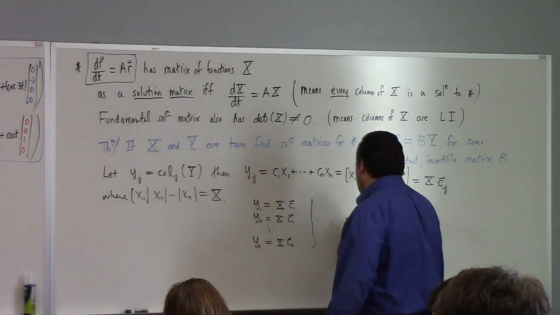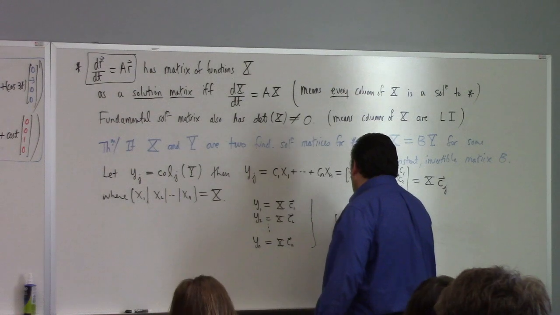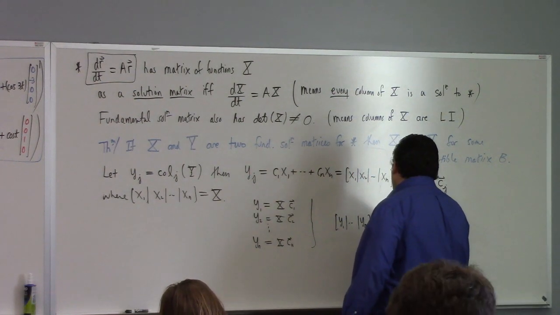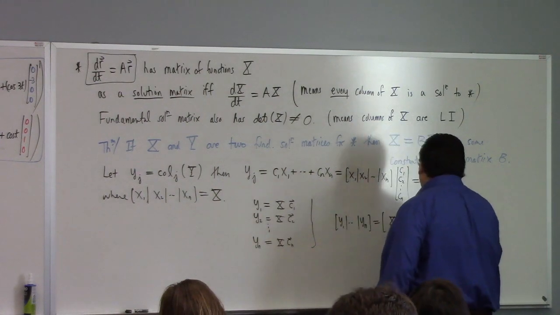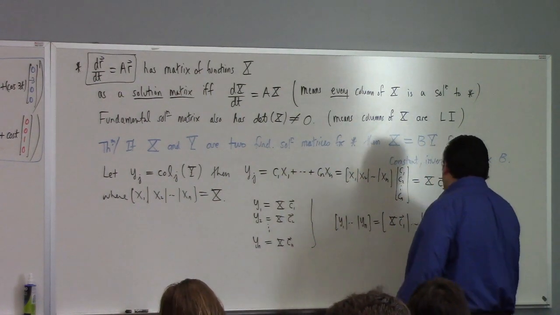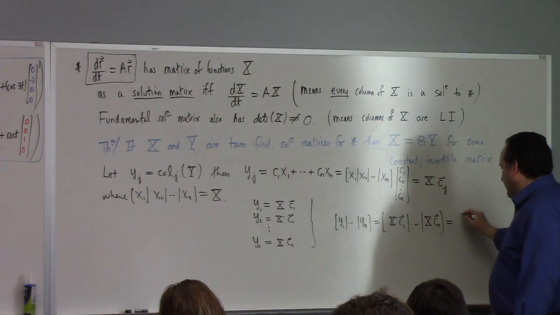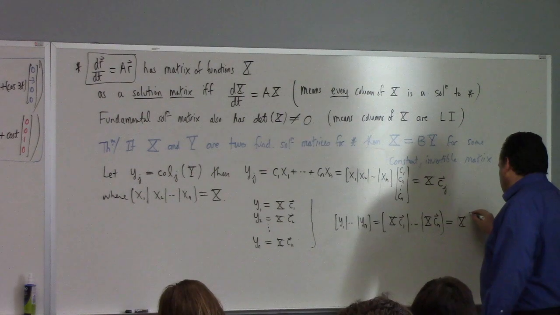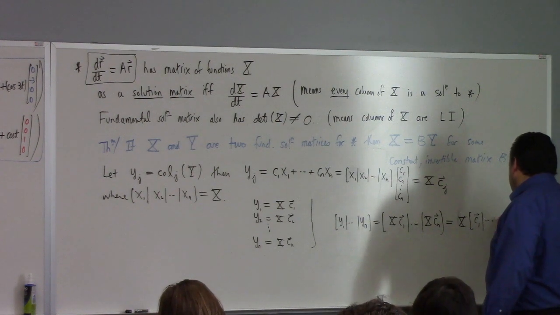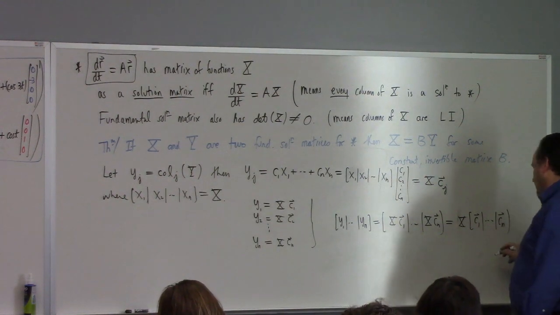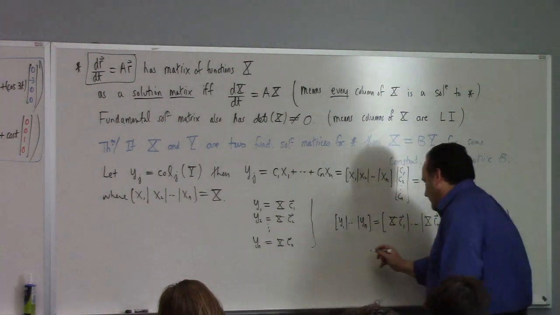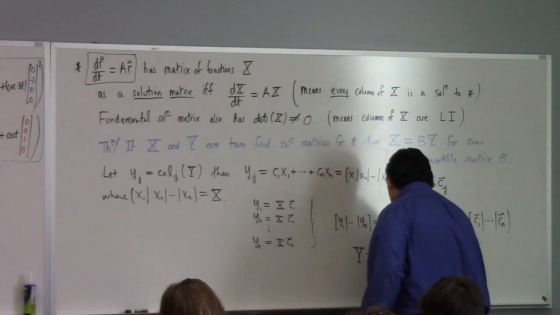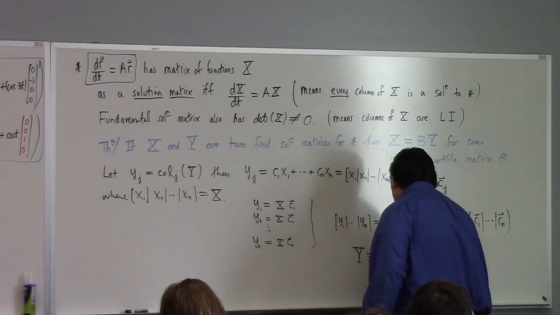And you put that together, this gives us that y1 through yn is equal to X c1, through X cn, which by the column by column rule of matrix multiplication is really just the matrix X times the matrix with columns c1 through cn. But what this tells us then is that Y is equal to X times some matrix B.